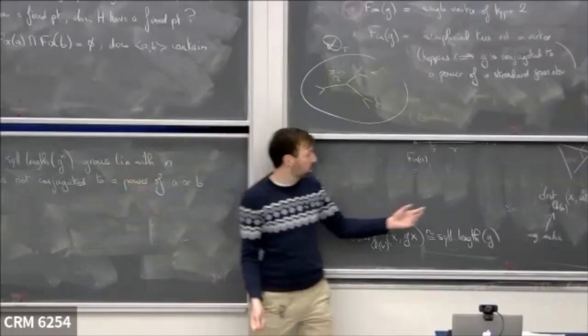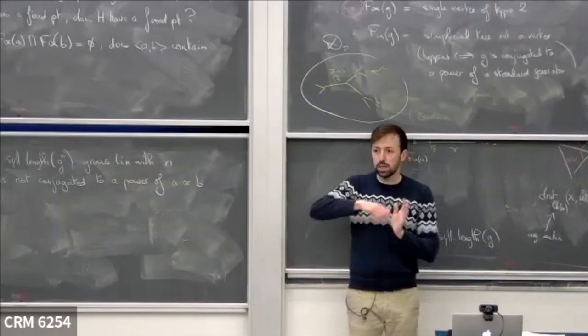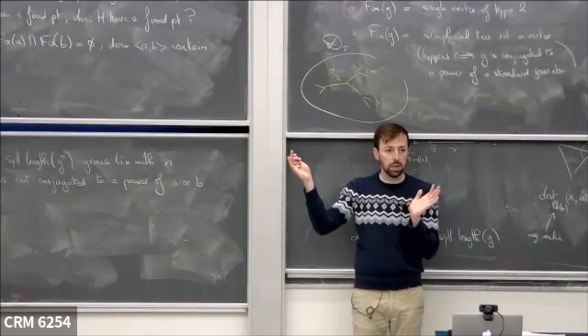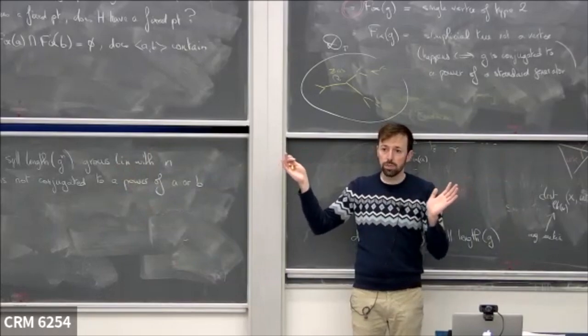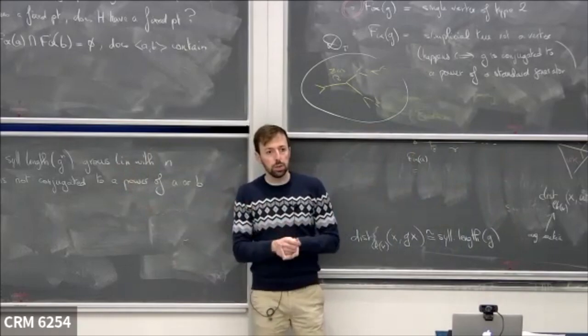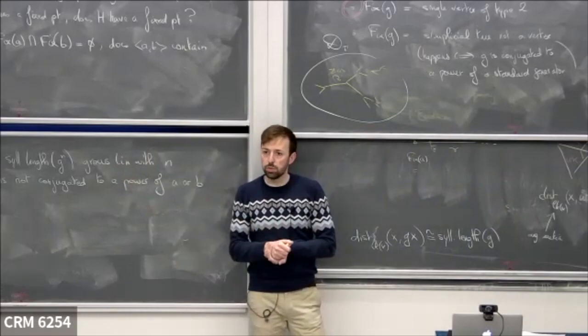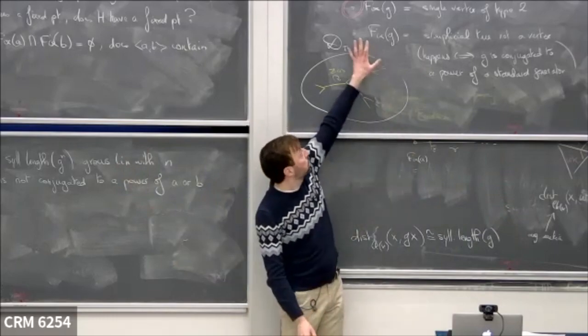This means that at some point, the angle between gamma and G to the n gamma is going to be as big as you want. In particular, it's going to be bigger than pi, and you're going to be able to carry out the same strategy. That's for these types of elements.